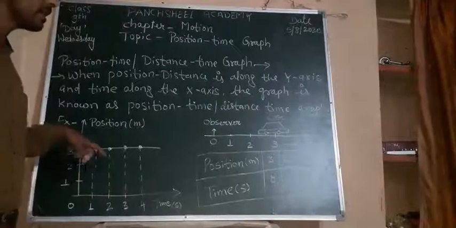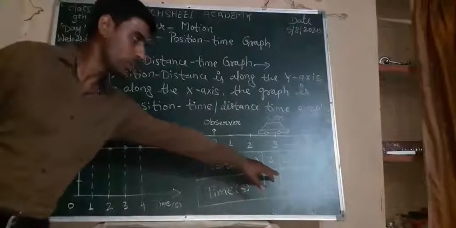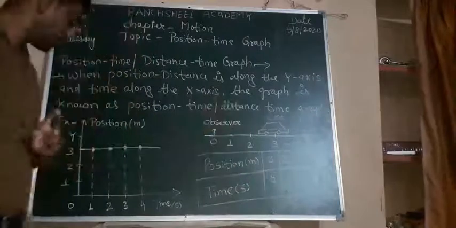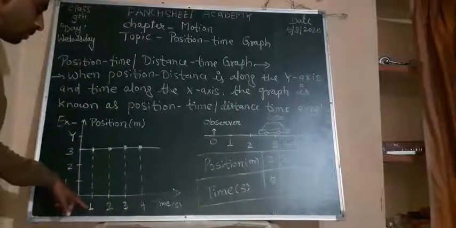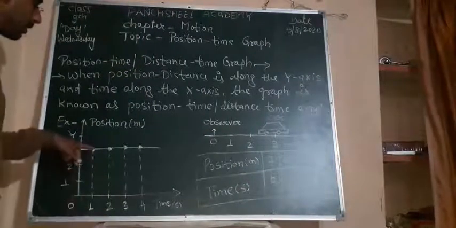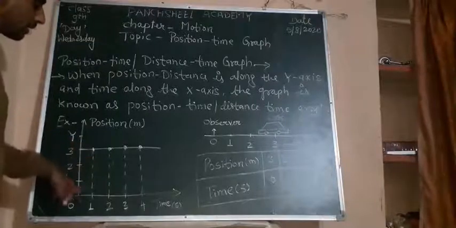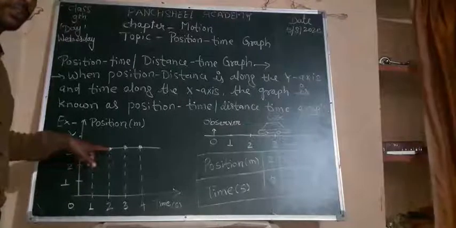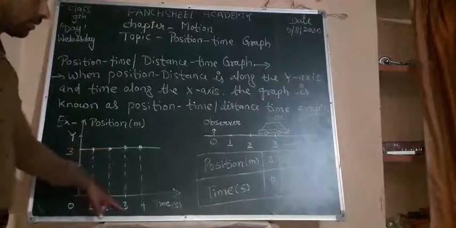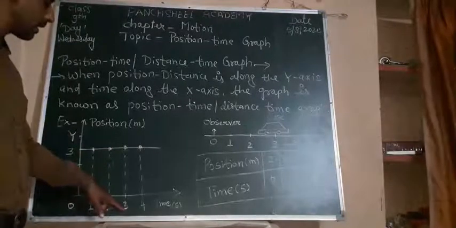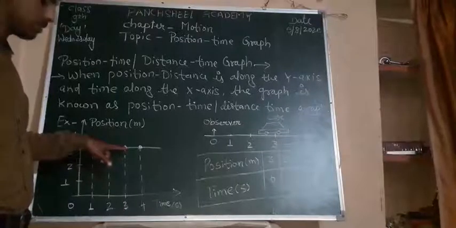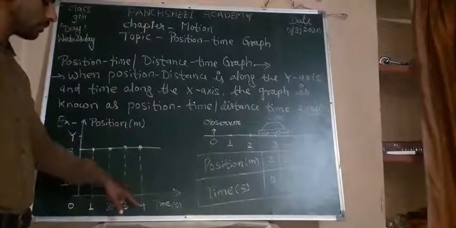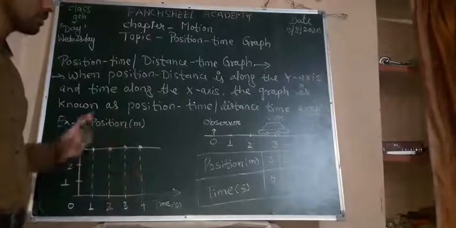If time is increased, at t equal to 1 second, the position is also 3 meter. Further time increase, but the position is also 3 meter. At 3 second, the position is also same, and at 4 second, the position is also same.